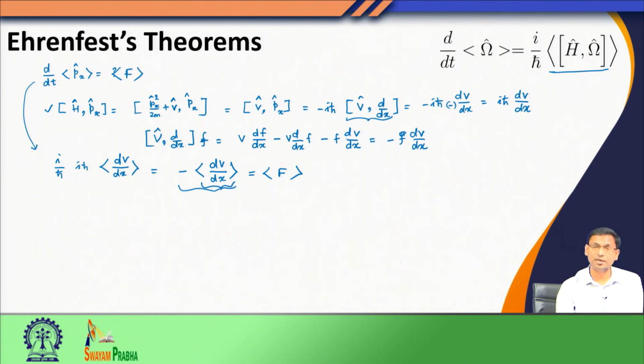So, what does this tell us? That the time evolution of the linear momentum is force. This is known as Ehrenfest theorem, and this should remind you of Newton's equation of motion, F equals m a.